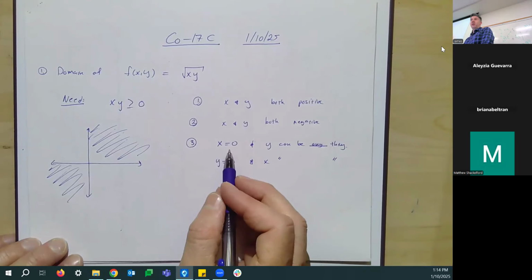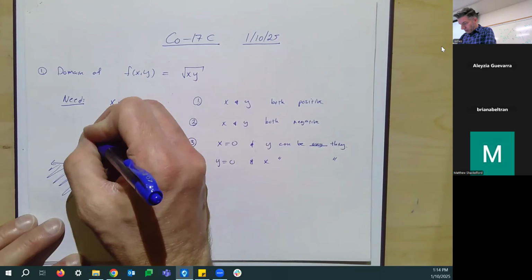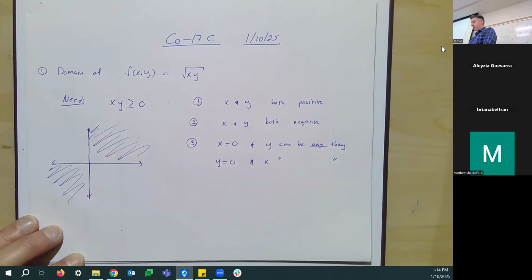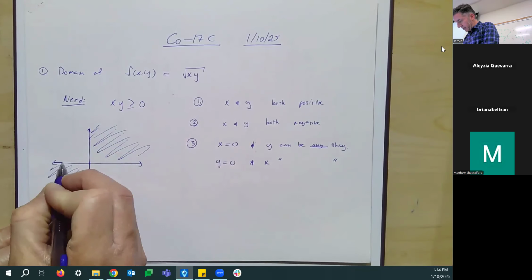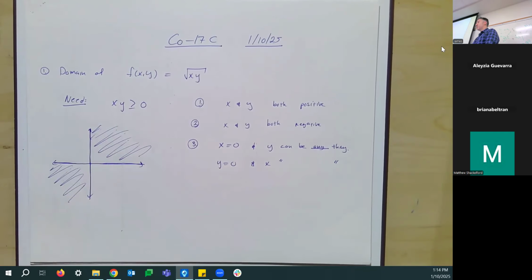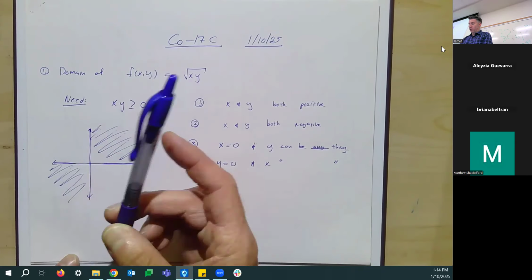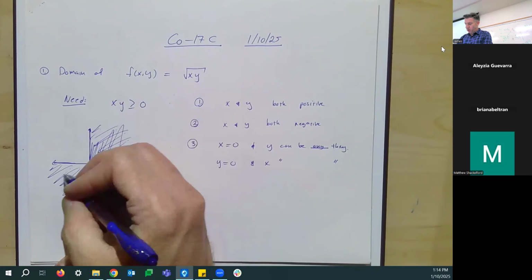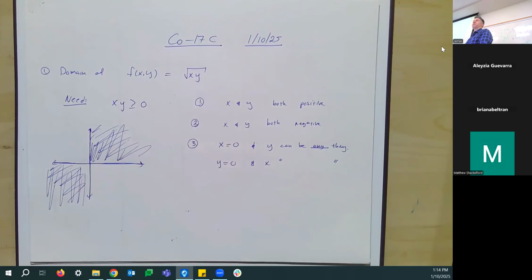So x equal to 0 is the y-axis, so we get the entire y-axis, and y equal to 0 is the entire x-axis. So there's our entire domain: the axes included, as well as all of quadrant 1 and all of quadrant 3. A little funky, but not too terrible.